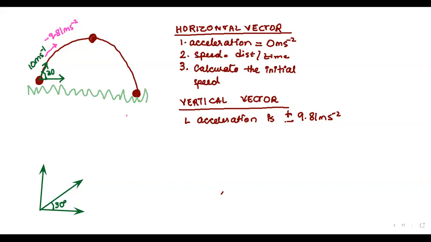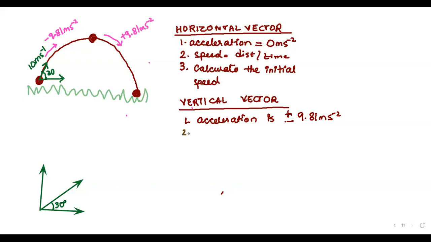Then my ball will reach a maximum height. It will reach the maximum possible height it can, and then it comes to the ground. So as it comes back towards the ground, at this point my acceleration will be plus 9.81 meters per second squared, because my ball is now falling towards gravity. So that's rule number one.